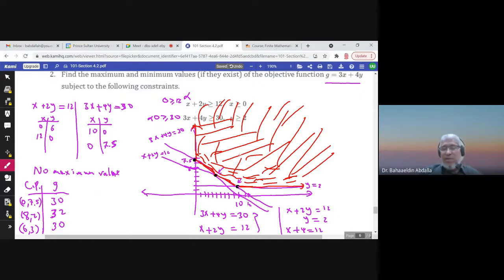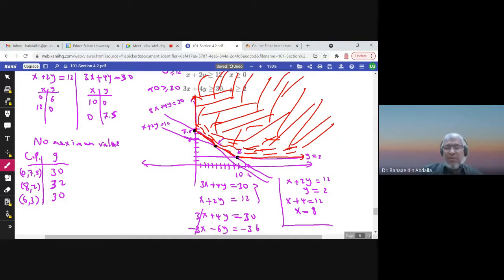So there is no maximum. We know that there is no maximum because g could be maximized more than 32 at a lot of points here, but there is a minimum. So where is the minimum? The minimum is at the point 0, 7.5 and the point 6, 3, which is this point.